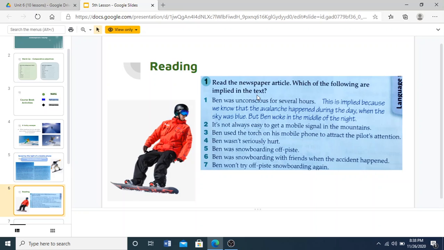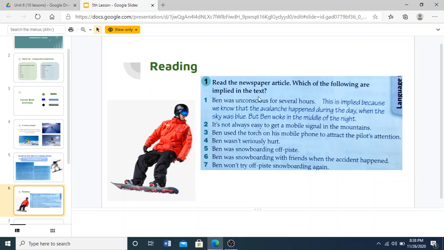By implied, it means that the writer meant more than what is written. There is more information about it than what meets the eye. So you have to explain what the writer means when the line is being used.